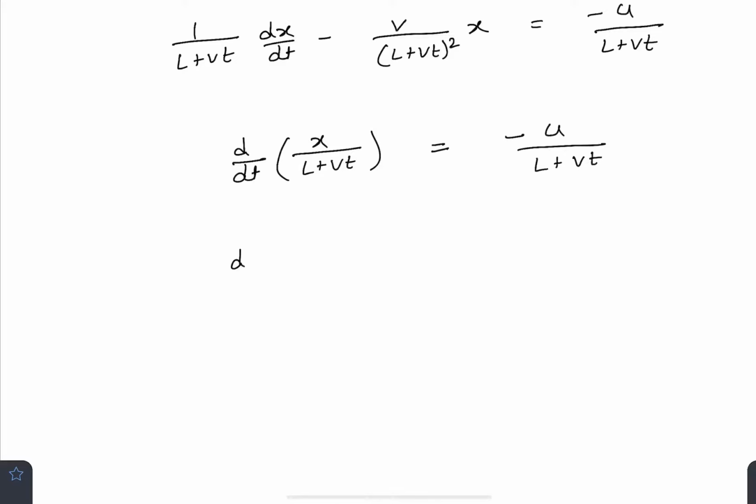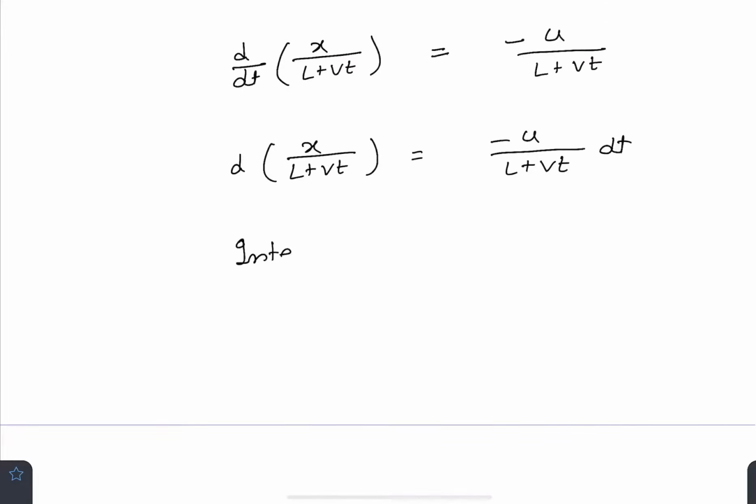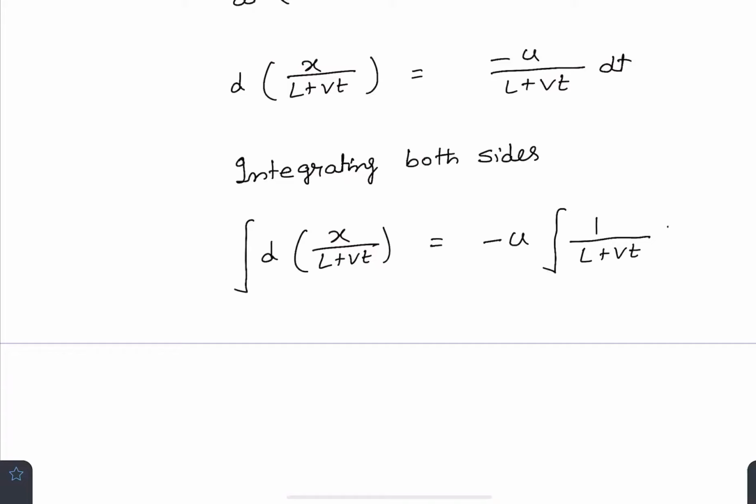Now we could also write d of x upon L plus Vt is minus u upon L plus Vt dt. Now we'll integrate both sides. Integrating both sides, d of x upon L plus Vt is equal to minus u, which is constant so we can take that out, times the integral of 1 upon L plus Vt dt.